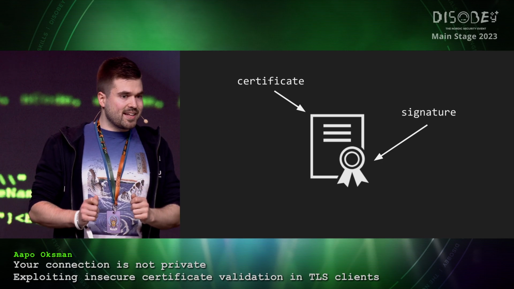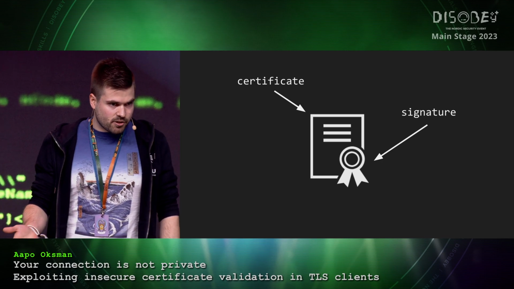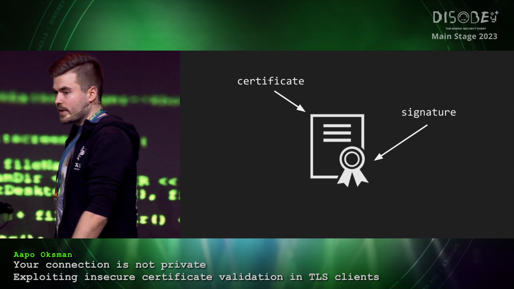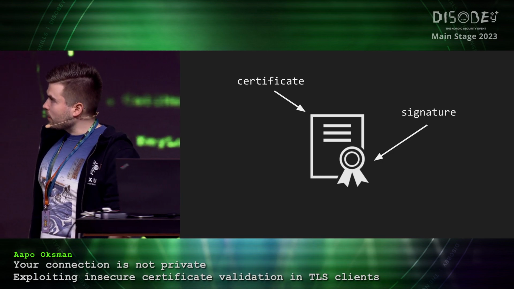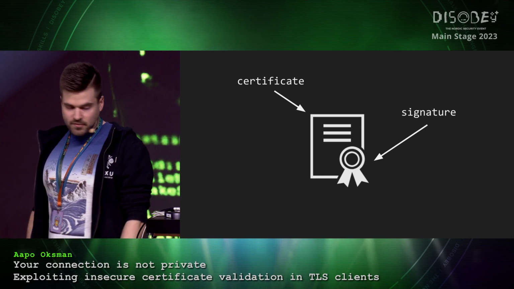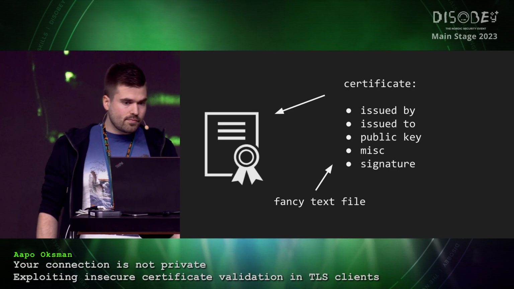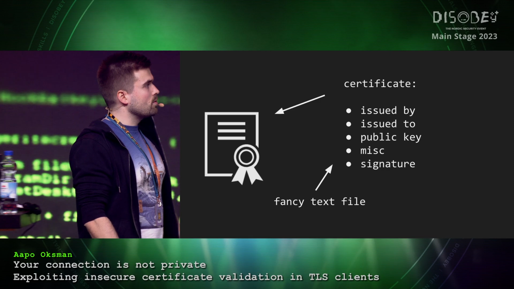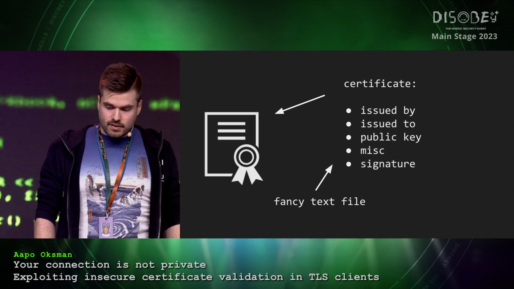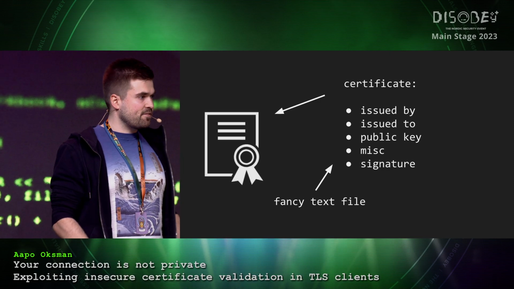So this is a valid certificate now that it has the signature. We can look a little bit into what actually is a certificate. So this certificate, it's basically a fancy text file.